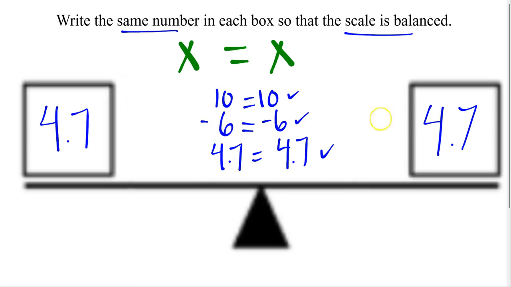I could put any number. This is an example of another special case when an equation has infinite solutions. No matter what I put over here, if I put the same thing on the other side, this scale will stay balanced. All right, let's put this together with an algebraic equation.